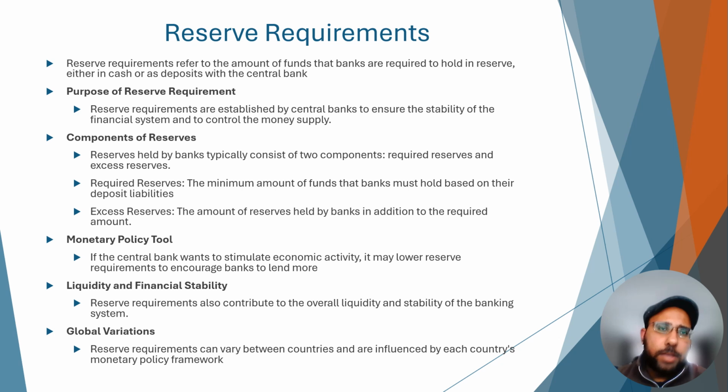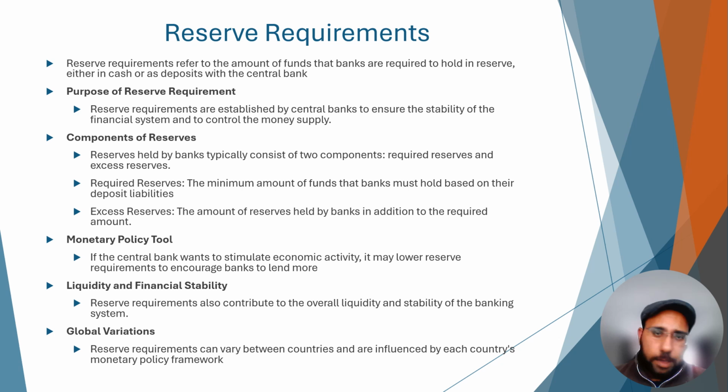On the flip side of that, you've got excess reserve. Any reserves held by a bank beyond the required amount are considered to be an excess reserve. So banks may choose to hold an extra amount to manage any other form of liquidity risk or prepare for unexpected deposit withdrawals, or because lending opportunities are weak.